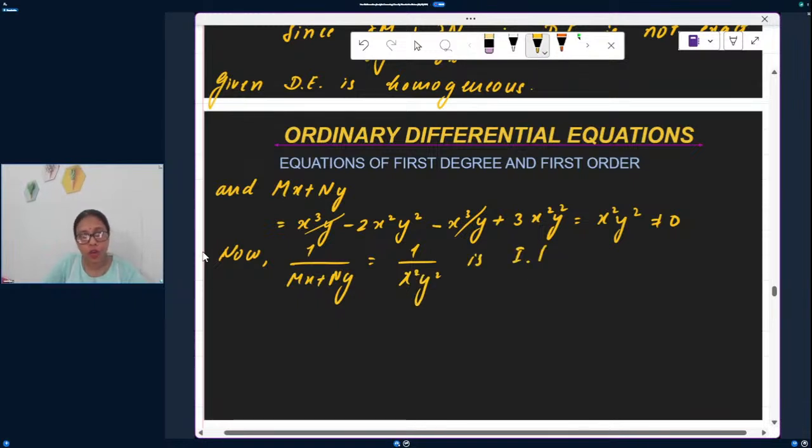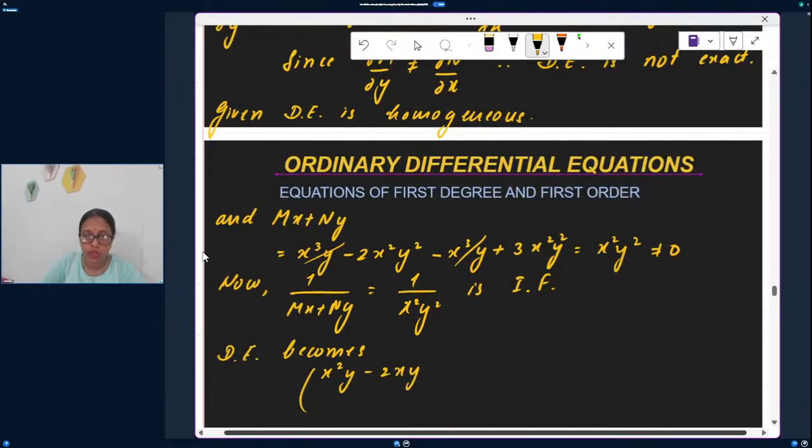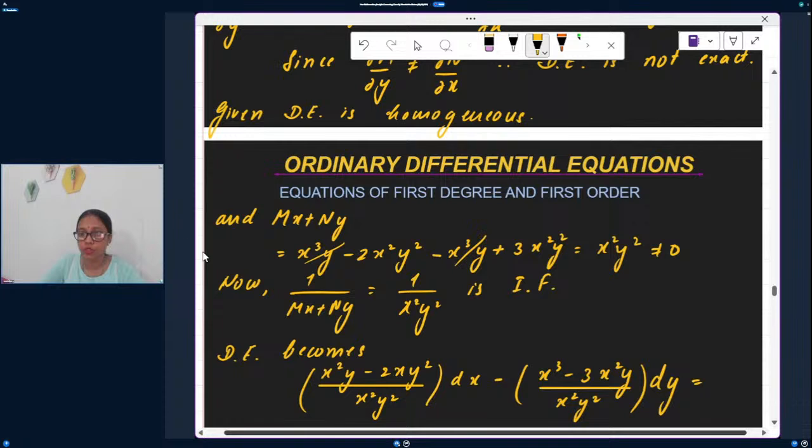What this will do is, if you multiply your equation with 1 by x square y square, your differential equation will now become exact. So the differential equation becomes x square y minus 2xy square divided by x square y square dx minus x cube minus 3x square y divided by x square y square dy is equal to 0.